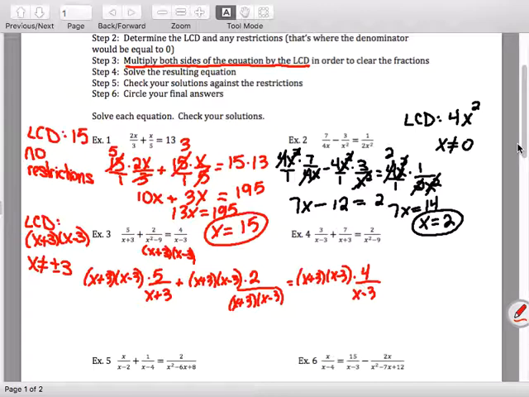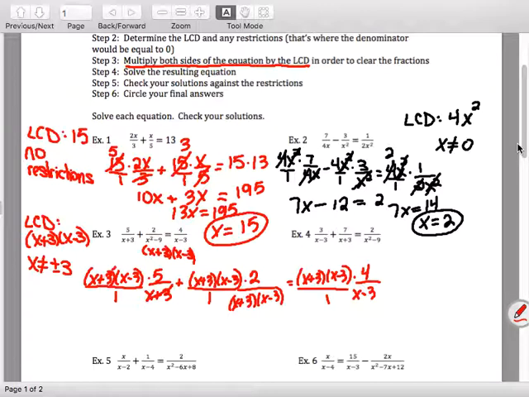Step 3, multiply both sides of the equation by the LCD because we want it to clear the fractions. Now, go back, when you take that LCD times a fraction, go back and make it over 1. All right, now I'm multiplying, so I'm trying to cancel.